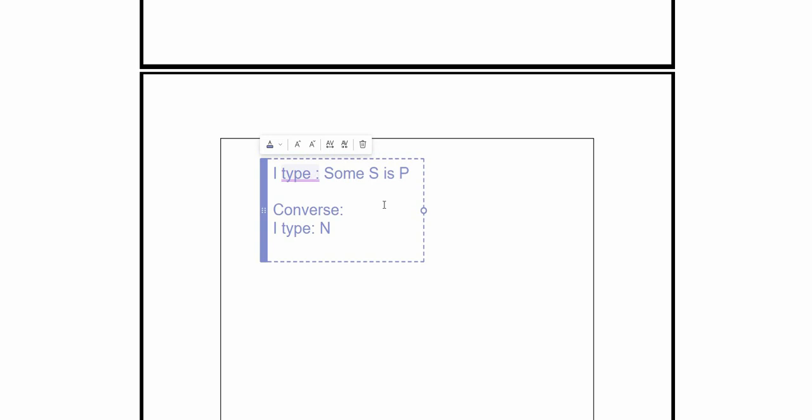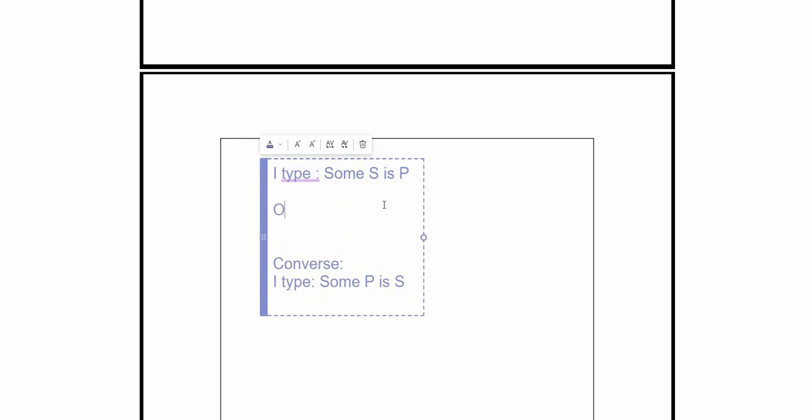I starts with some is or some are, some S is P or some S are P. So right now I'm stating some S is P. In the I type proposition, I remains in I, so we start with some only, and P is S because subject and predicate are interchanged, and it still remains in the I type. Okay, this is as far as converse is concerned for this I type proposition.